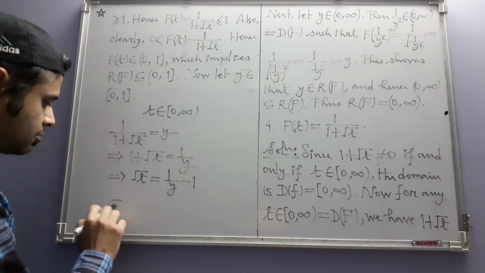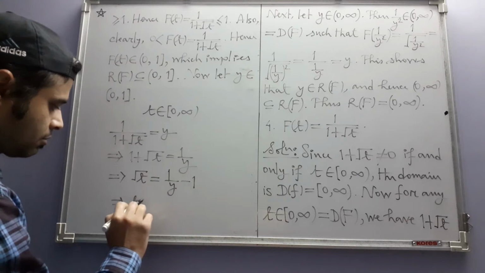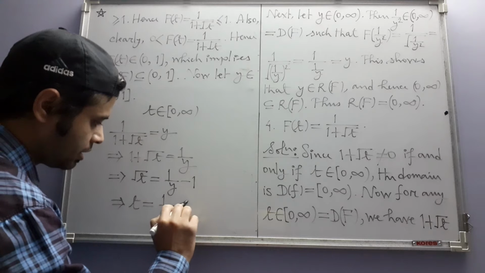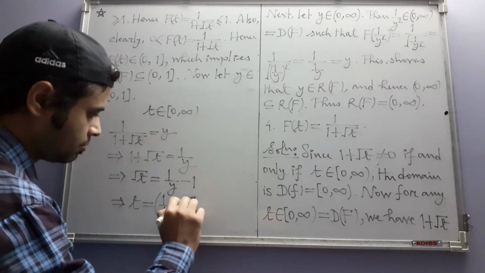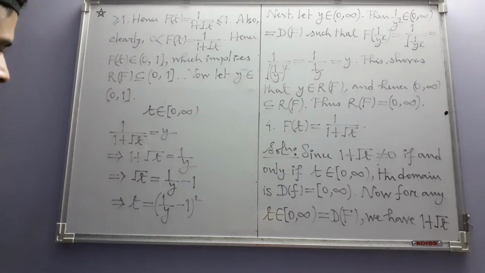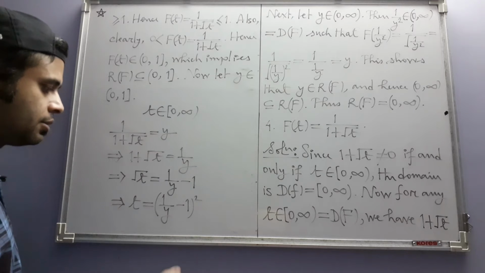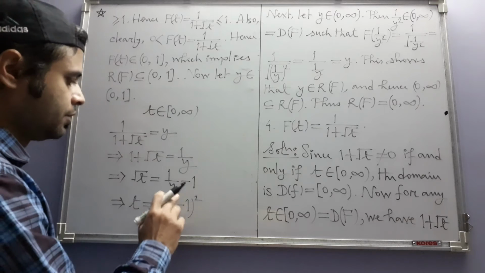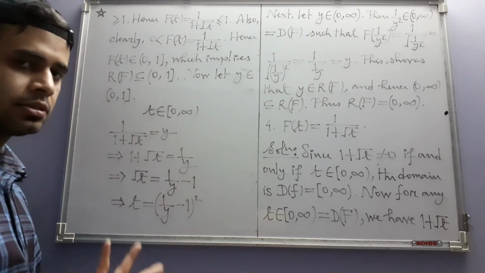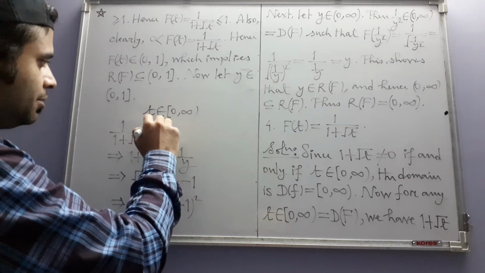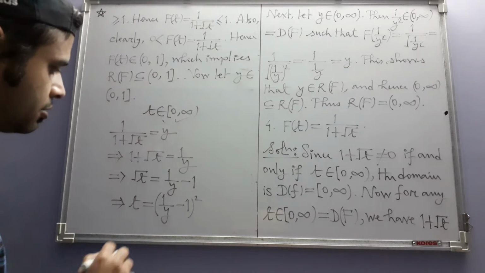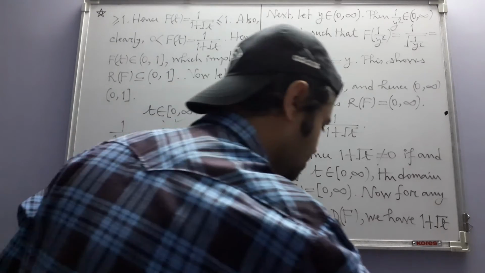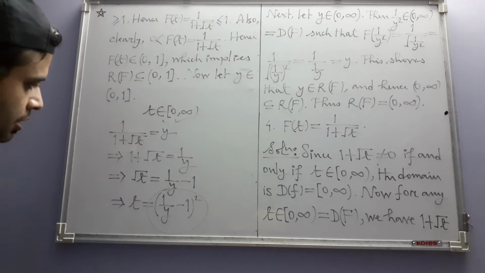This step also there is no problem. So that means t is 1 over y minus 1 whole square. Since this is the square of some real number 1 over y minus 1, this t is a non-negative real number, so it will be here in this set. So this is our value that will work, 1 over y minus 1 whole square.